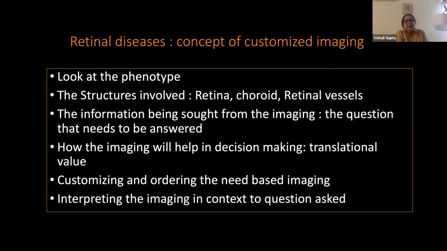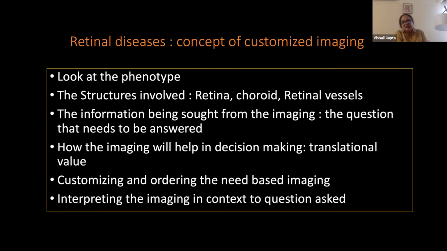So it's very important that you look at the phenotype. You look at what are the structures involved. Is it retina, choroid, retinal vessels? And you should ask yourself a question. What is the information that is being sought from the imaging? And what is the particular question that needs to be answered?